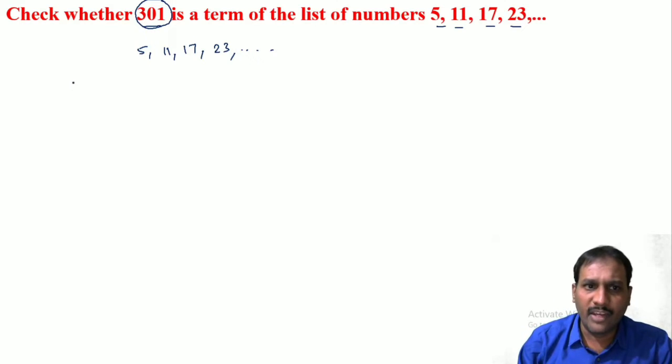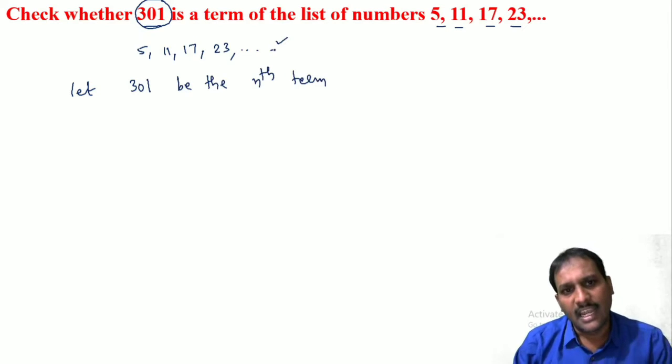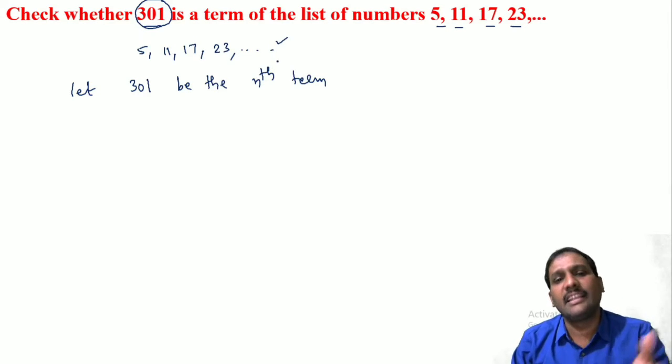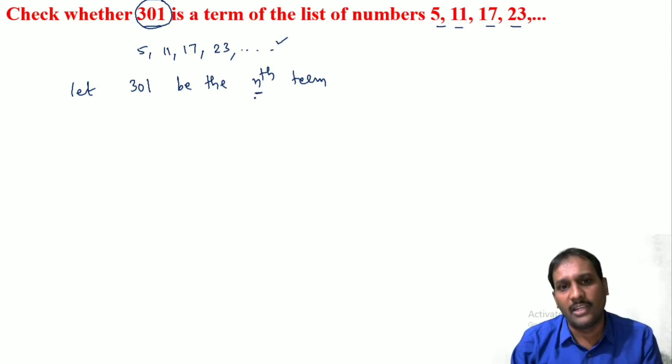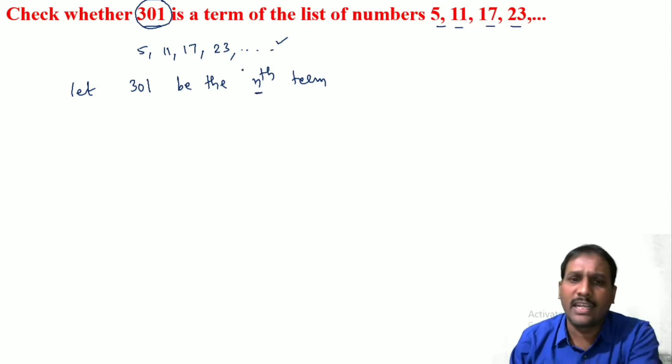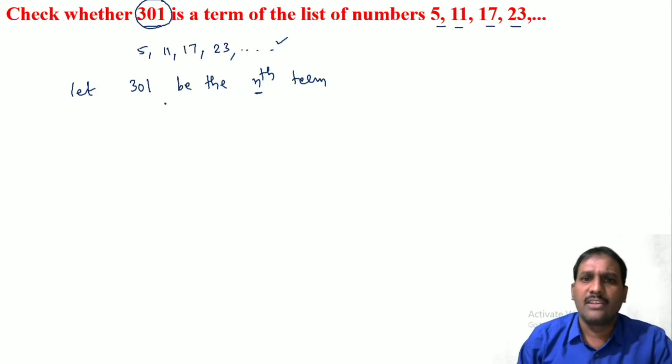Let 301 be the nth term. Suppose 301 is there in this list, and we assume that it is the nth term. If we are able to find the n value, then 301 exists in this list. Otherwise it does not exist. Okay, so let us find.